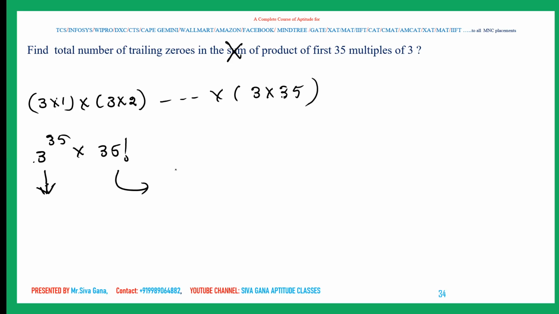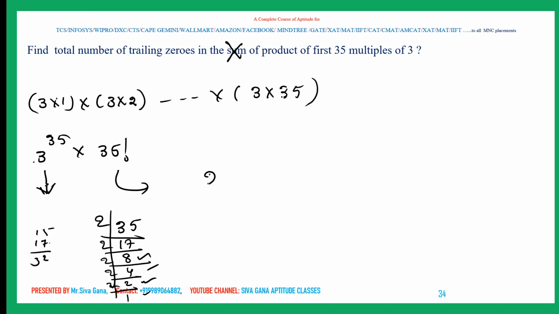Now 35 factorial, maximum power of 2 is how much? 2 17s, 2 8s, 2 4s, 2 2s, 2 1s, right? 8 plus 4, 12, 12 plus 2, 14 plus 1, 15, 15 plus 17, which is nothing but 32.